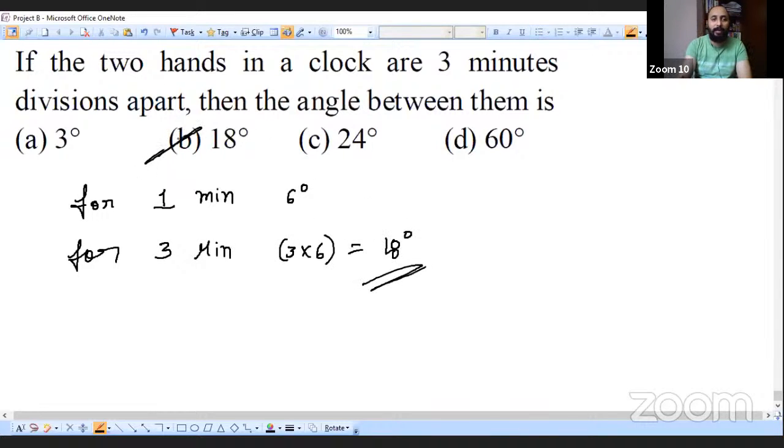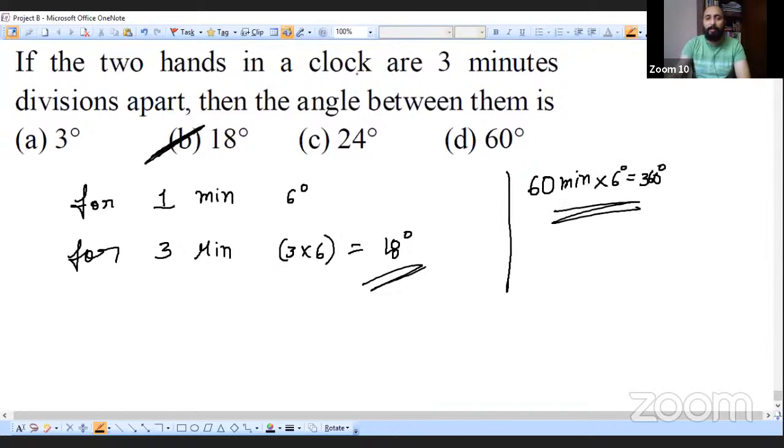Is this clear, everybody? Are you getting it? If they are 1 minute apart, then it is 6 degrees. Because to make a full rotation, it takes 60 minutes. 60 minutes into 6 degrees is equal to 360 degree total.